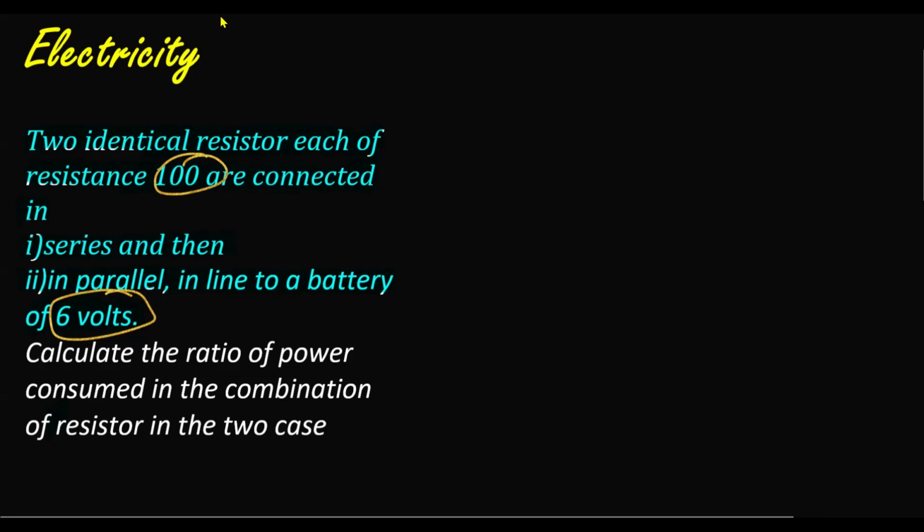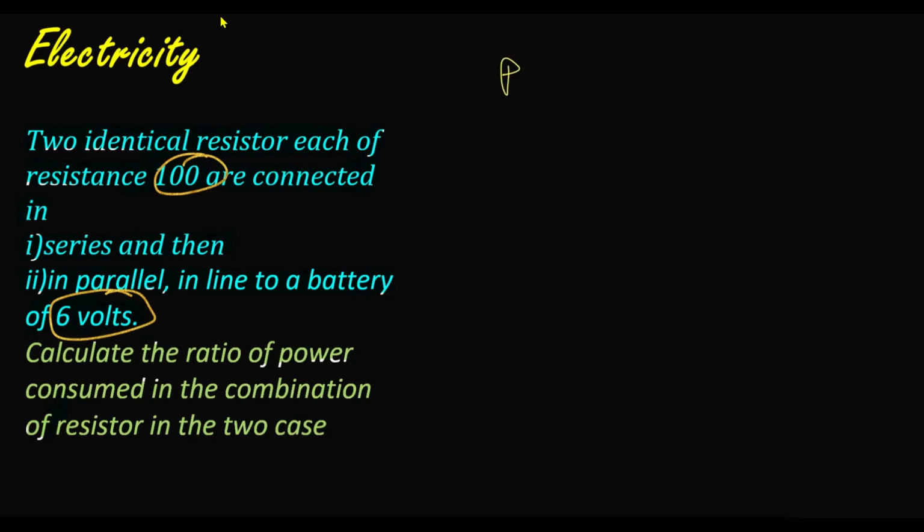So what we have to calculate is the ratio of power consumed in the combination of two. Now, when it comes to calculating the power, the first thing to keep in mind is that P is equal to V square by R, and P is equal to I square R.